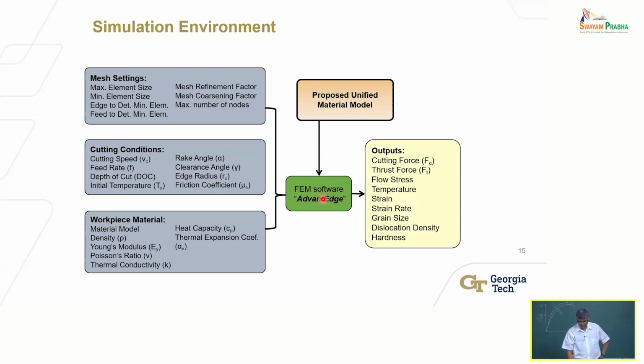You can encode this here, and then you can simulate forces, flow stress, temperature, strain rate, even grain size, dislocation density, and hardness. The last three require this type of more complex model. Otherwise, you can't do that. The empirical model will allow you to simulate all these things except the last three. If you understand that, that's enough.